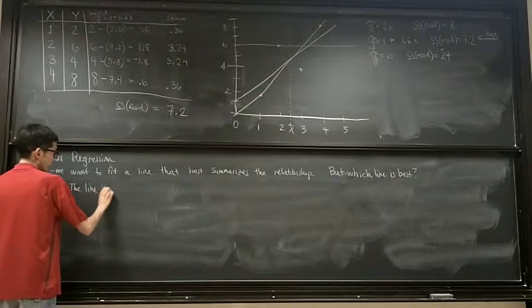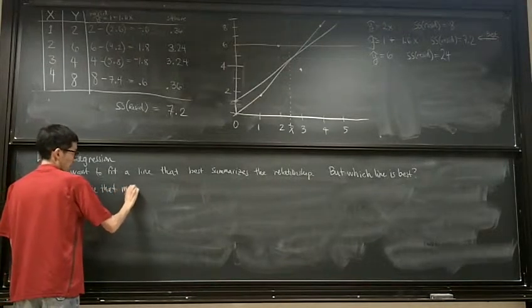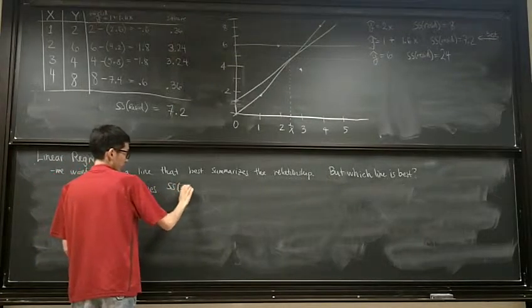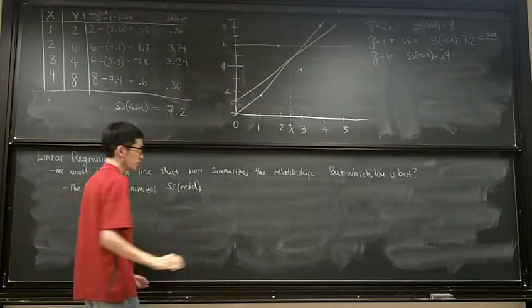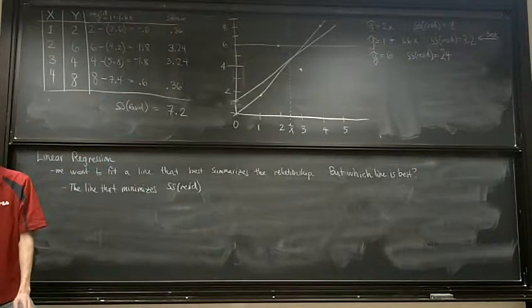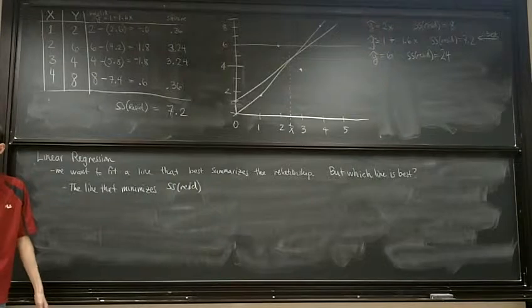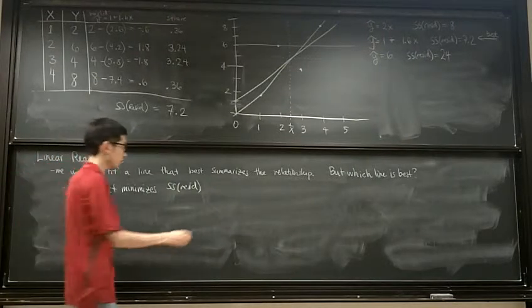The line that minimizes the sum of squares residuals is our best fit line, and because it minimizes sum of squares residuals, it's also often called the least squares line.